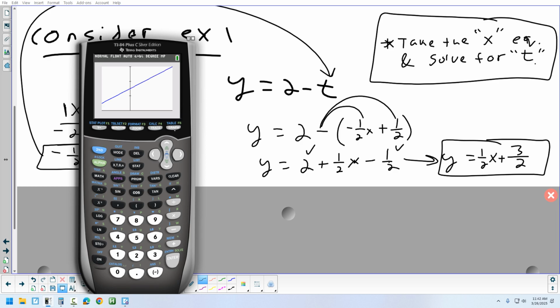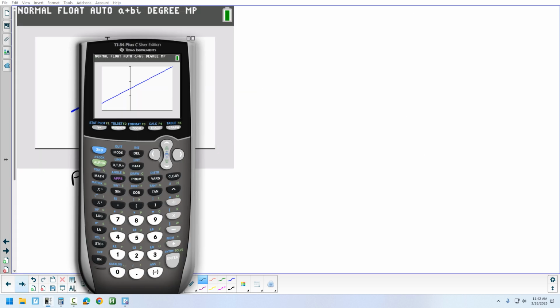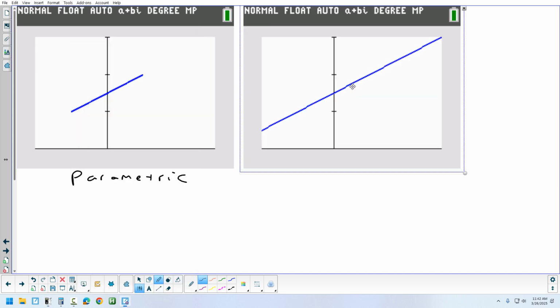Okay, let's compare that to what we have right here. That's what we got when we did it as a function. Are they the exact same graph? No. Not quite. What's different? One's a line and one's a line segment. Right. You're only supposed to be drawing that section right there.